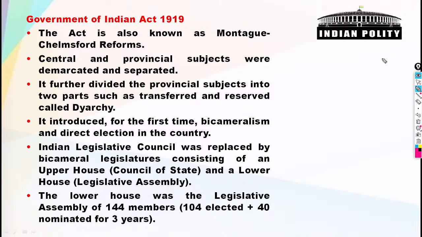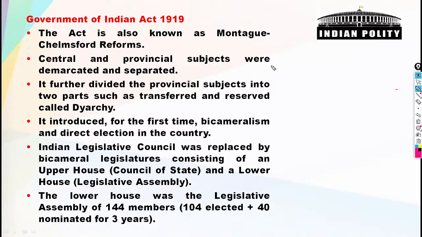The act is very important because it is the first constitutional arrangement in India. There are a lot of things, but we are discussing some important aspects of this act. You can study more points from different books, but first remember the points we are discussing, then proceed to others.